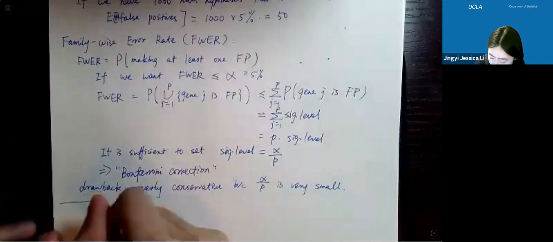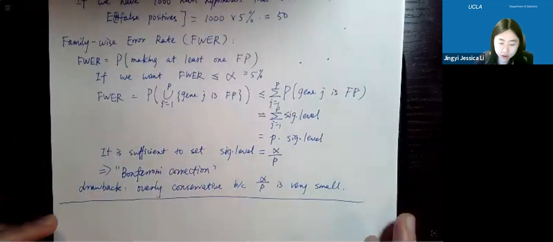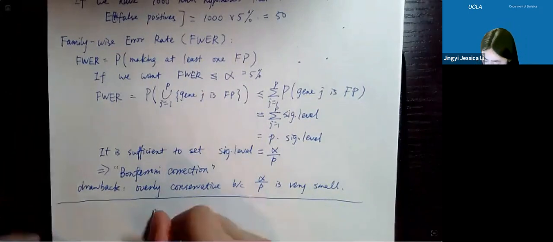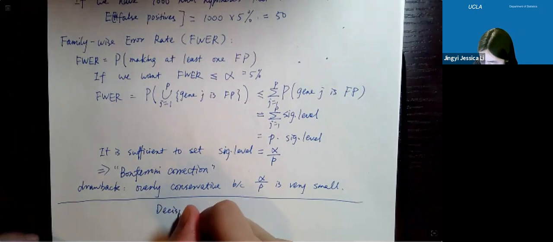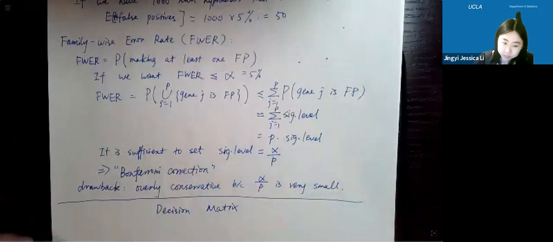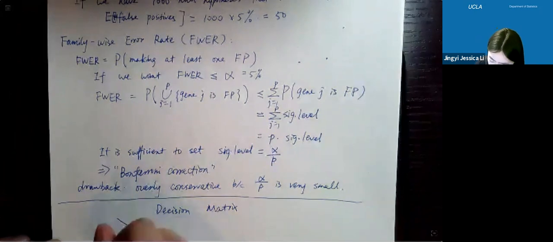Let's look at the so-called decision matrix, or some people may call it a confusion matrix. It's basically the same thing. The matrix is a 2x2 table, and we have our decisions in the rows.